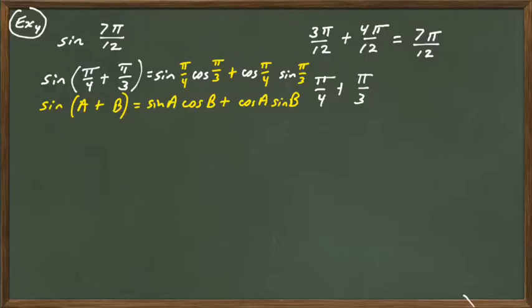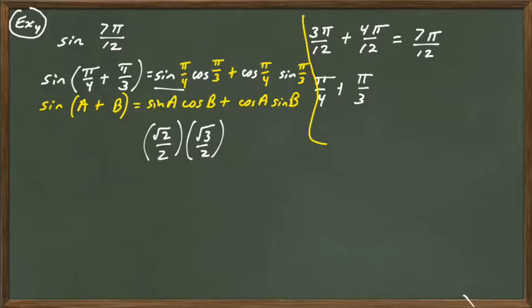Pi over 3. So we need to fill these in. Sine of pi over 4 is radical 2 over 2. Cosine of pi over 3, anybody know it? I think it's radical 3 over 2. Cosine of pi over 4 is the same as sine of pi over 4. They're both radical 2 over 2. Sine of pi over 3 is radical 3 over 2.